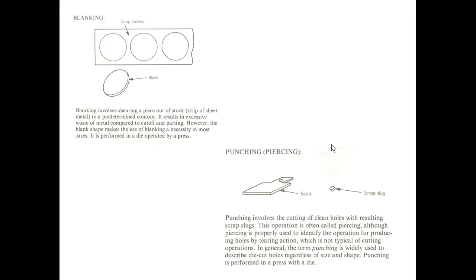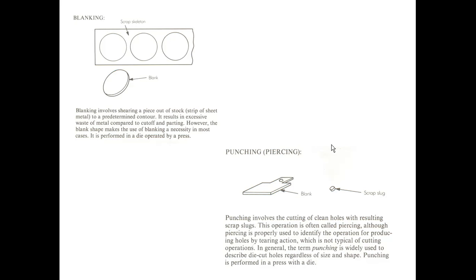The other part is called the forming operation. Forming operations contain bending: V bending, edge bending and channel bending, or C bending or U bending. Then deep drawing. Drawing is nothing but forming a cup: deep drawing, shallow drawing, moderate drawing. So these are the forming operations.